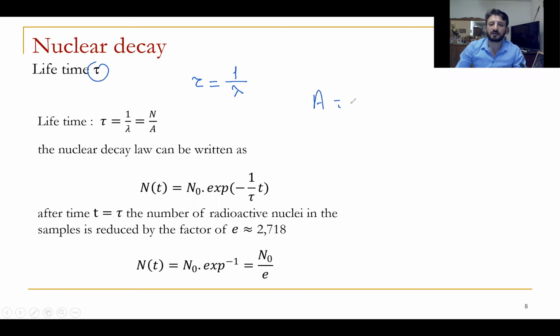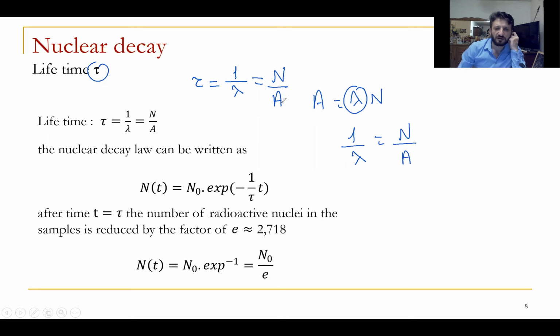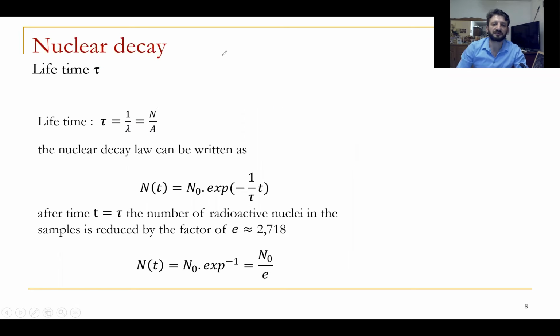And you know A equals lambda N, so lambda equals A over N. So we get finally tau equals 1 over lambda equals N over A.